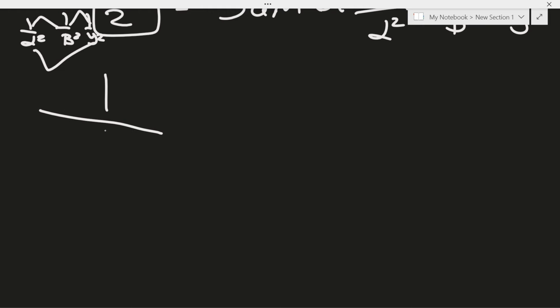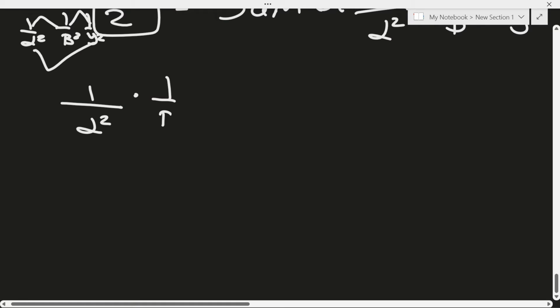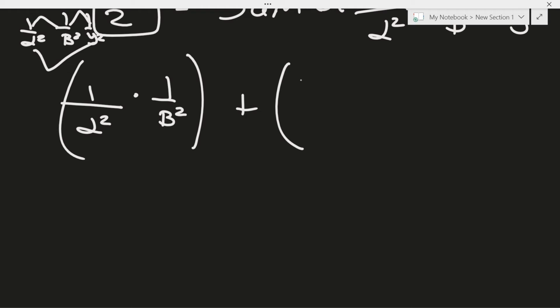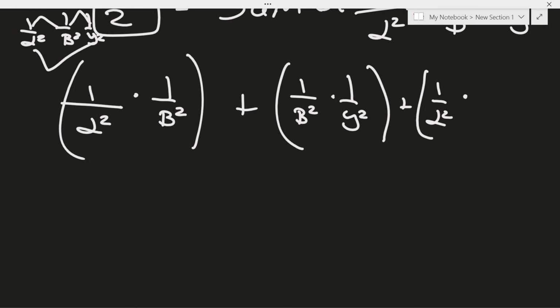So if 1 over alpha squared, and sorry, let me not do it this way. Let me break it down a little bit more again. 1 over alpha squared times 1 over beta squared, plus 1 over beta squared times 1 over gamma squared, plus 1 over alpha squared times 1 over gamma squared.